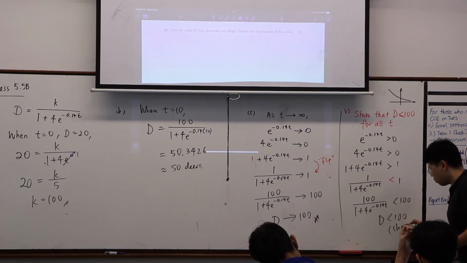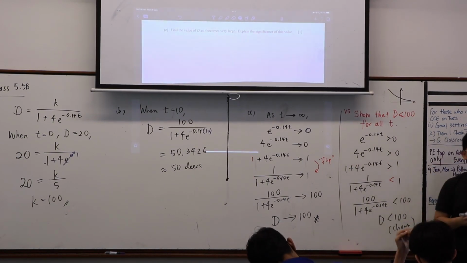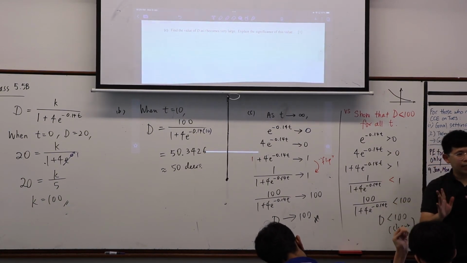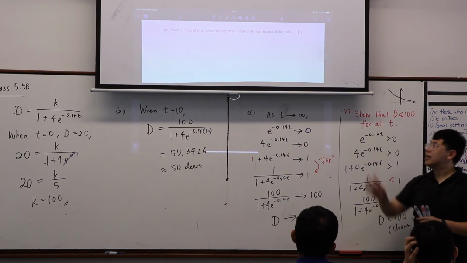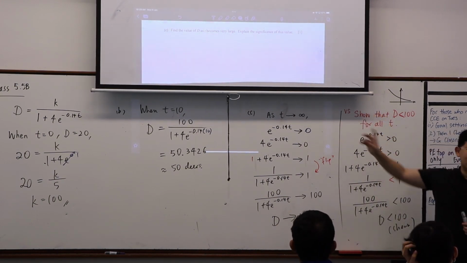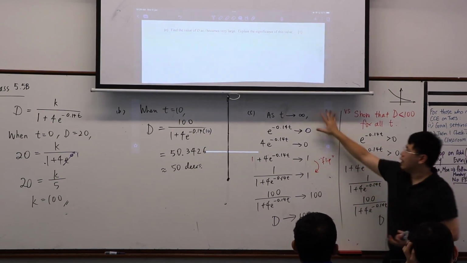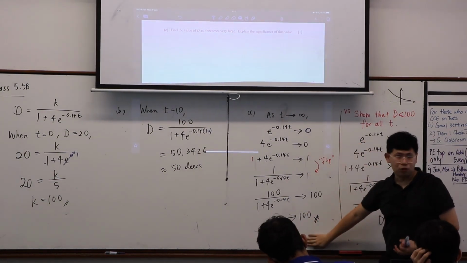So one more time, there are usually two kinds of approaches depending on how the question asks. The first kind of approach is as t becomes very large, then your working needs to follow the arrow.